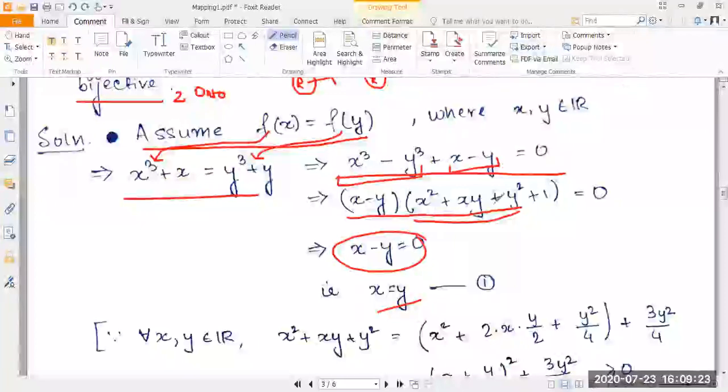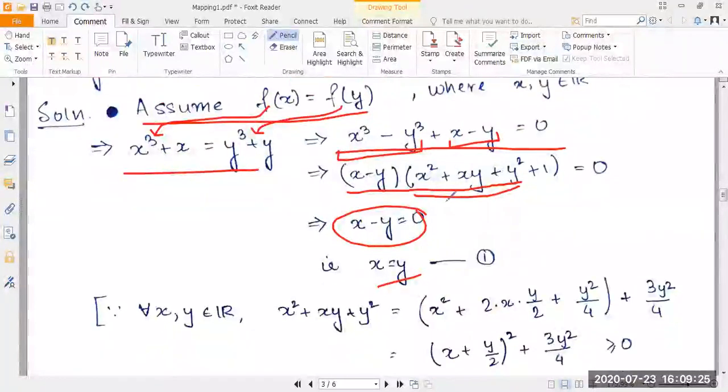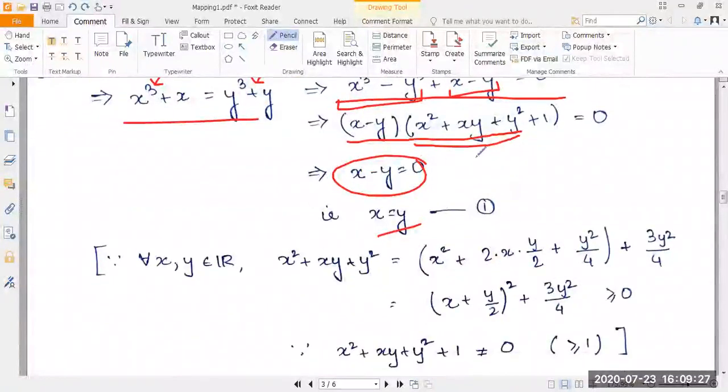So we'll be explaining why x square plus xy plus y square plus 1 cannot be equal to 0. In fact, it's greater than 1. So let's assume, as we started the sum, that x and y both belong to the real set of numbers. So we know we can write x square plus xy plus y square as x square plus xy, then we multiply by 2 and we divide by 2.